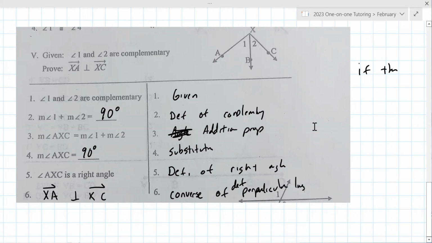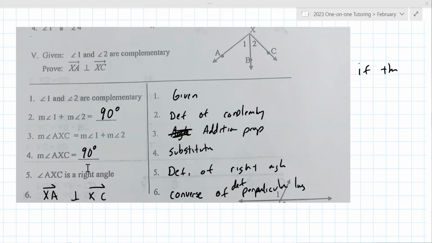Okay. And that would be something to really pay attention to, because it's kind of confusing the first few times that you see it. So again, the idea is like, if they were perpendicular, you know that they meet at a right angle.